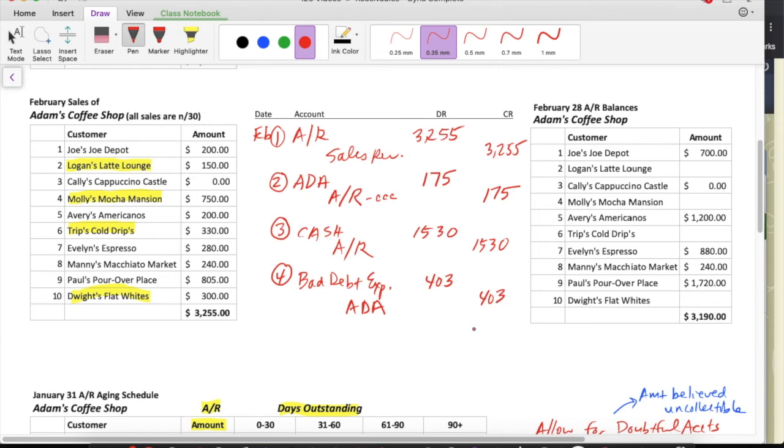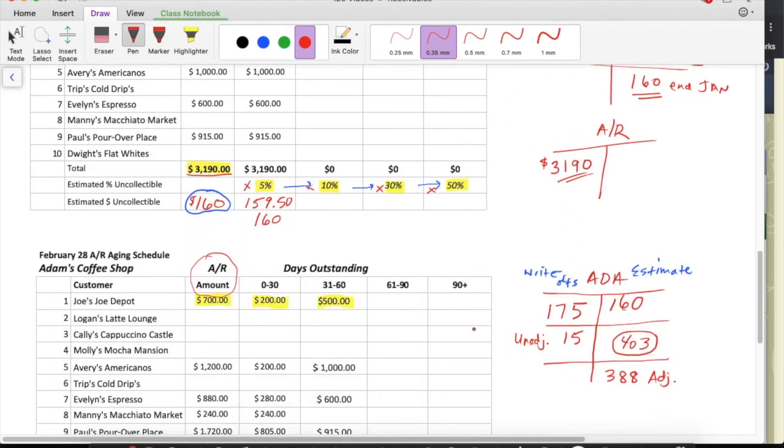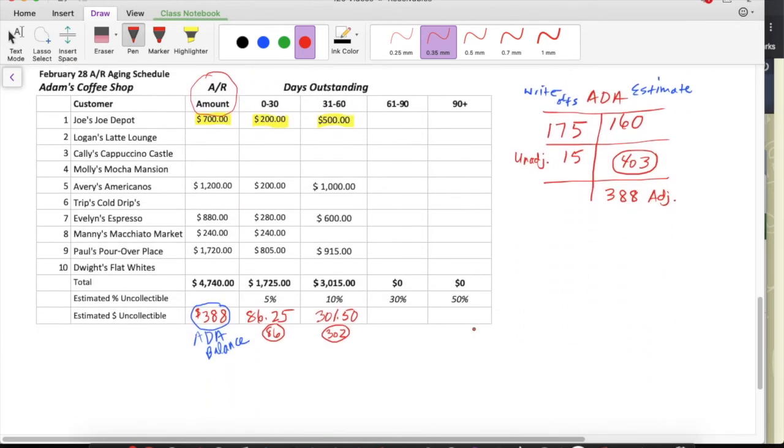Then when I go post that down in my T account, this was transaction 4, I'm going to have a balance of $388, which matches the balance from my aging schedule. My accounts receivable account is going to have a balance of $4,740 as reflected on my aging schedule. And that's what I'm going to report on my financial statements.